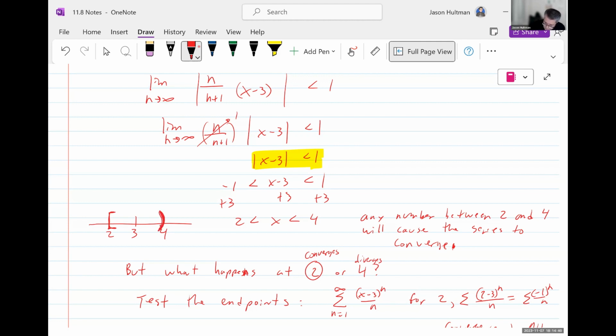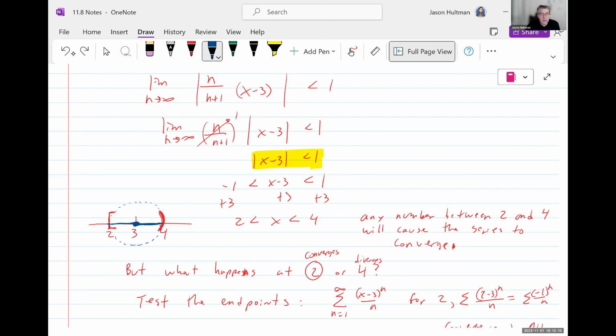But what's the radius? Think of this like a circle, right? What's the distance of the radius here? It's 1, right? And so I can make a little Pokeball, but I'm just kidding about the Pokeball, sorry.